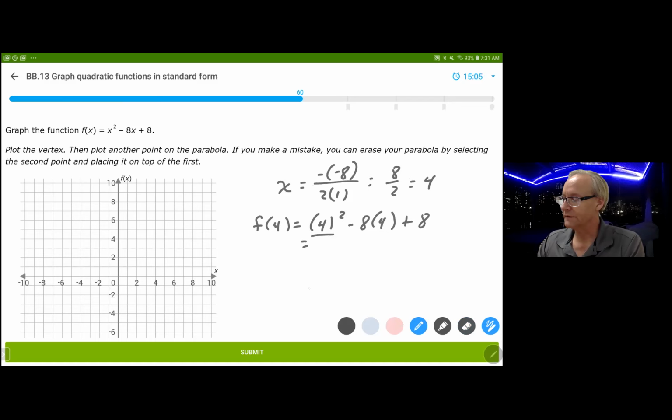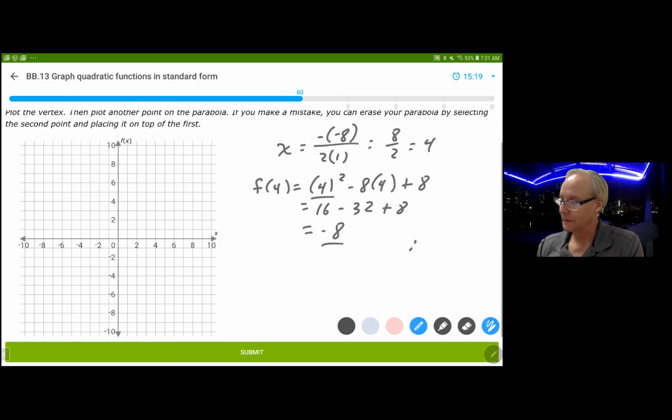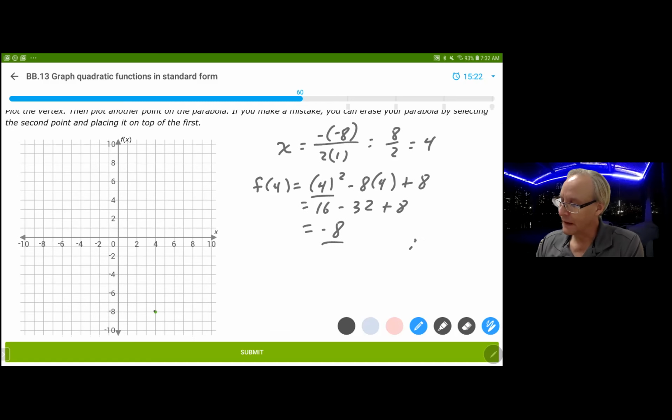That's going to be 16 minus 32 plus 8, which again ends up being, wow, interesting. That's negative 8, isn't it? So we've got 4, negative 8 on the other side this time. 4, negative 8, and we have a standard parabola. I'm going to go a little faster this time.